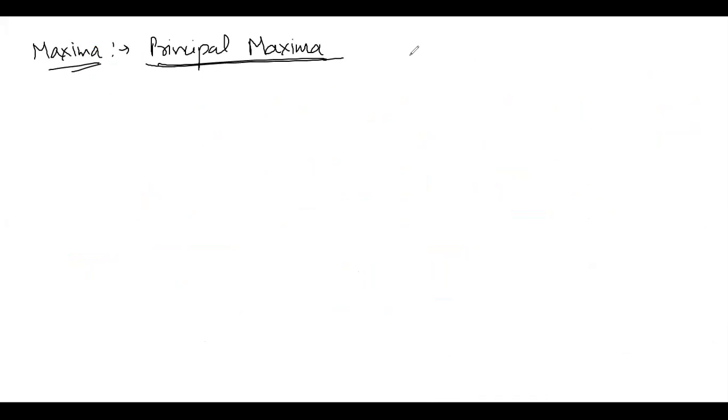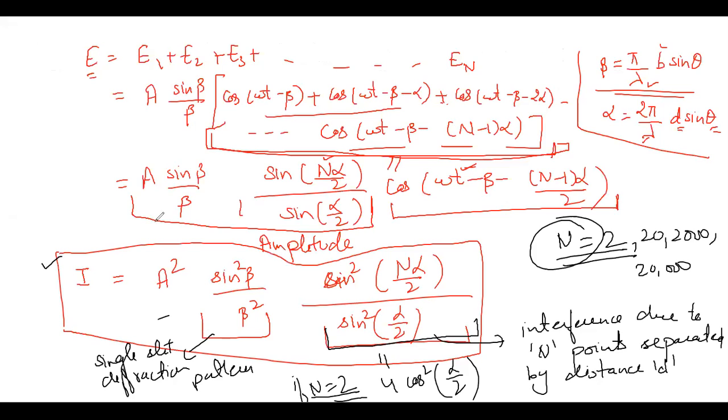If you talk about the amplitude, which was given by A sine beta over beta into sine n alpha by 2 over sine alpha by 2, right? This was your amplitude, this term here, which I'm writing as E theta.